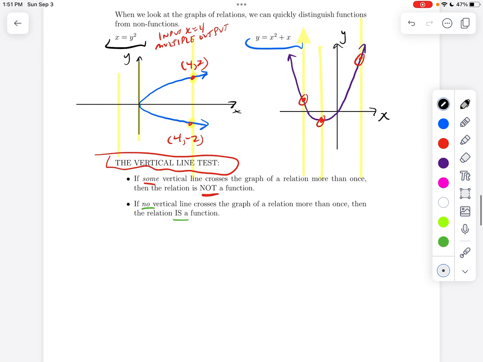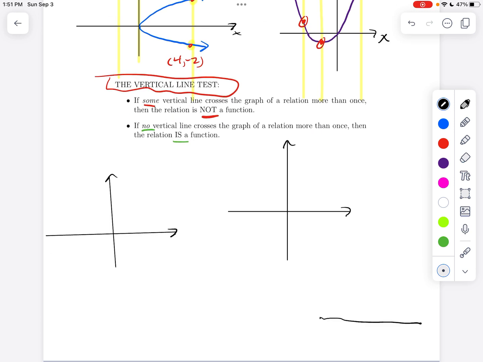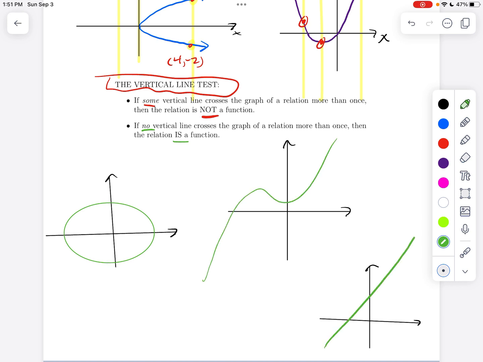So if we imagine the graphs of some relations, I'm just going to draw 3 examples really fast. In most cases, you can instantly tell if you're looking at the graph of a function or not. I will draw this example, I will draw this example, and I will draw this example.